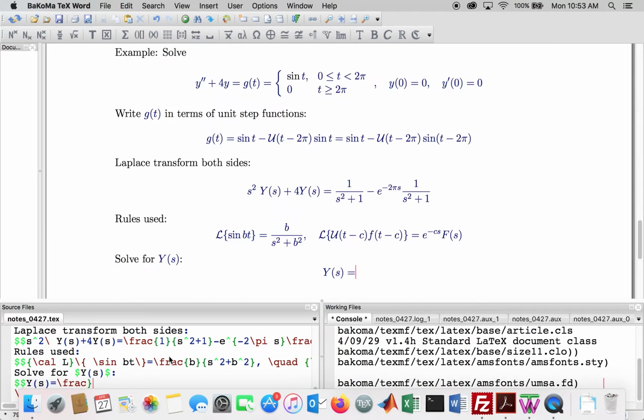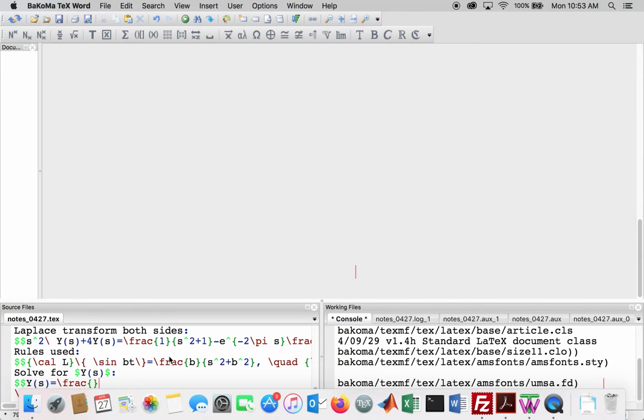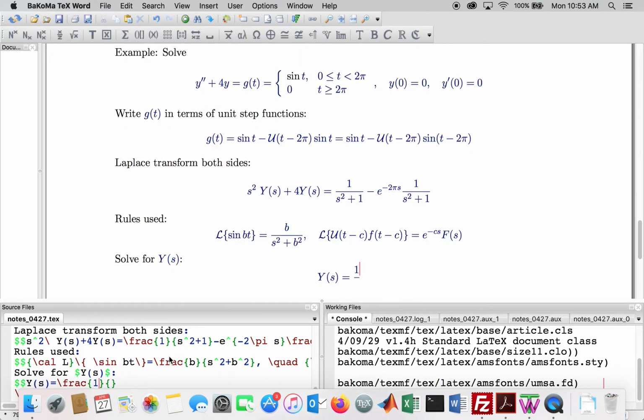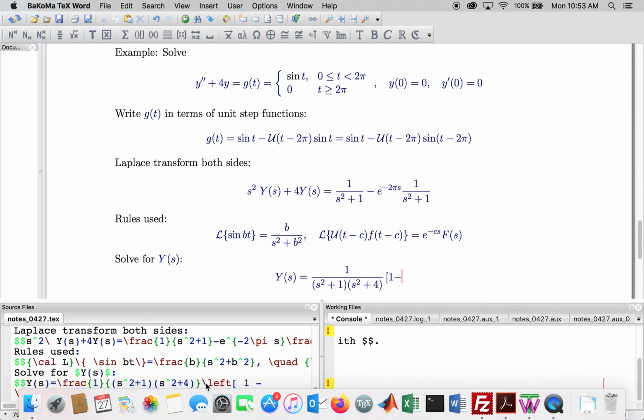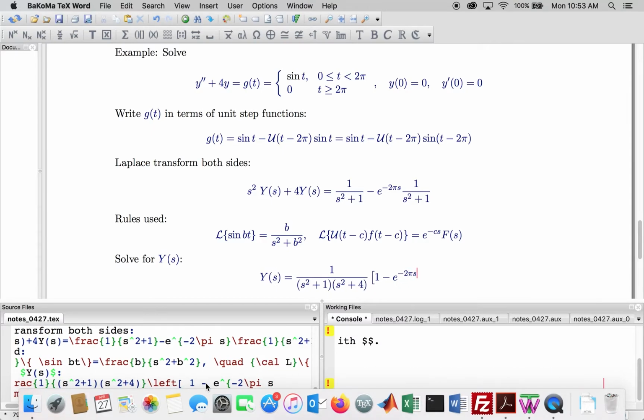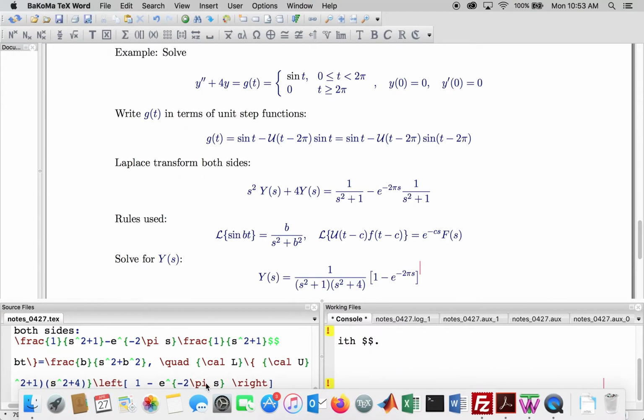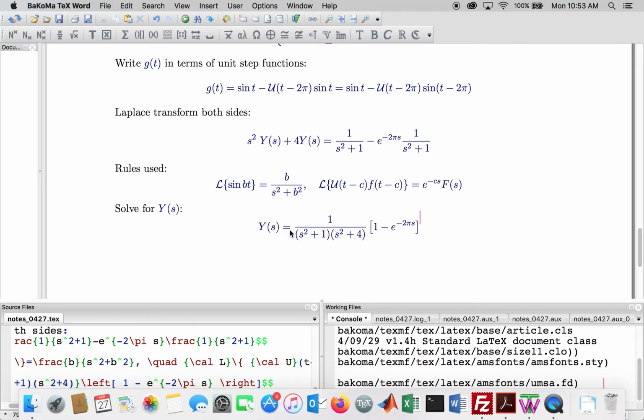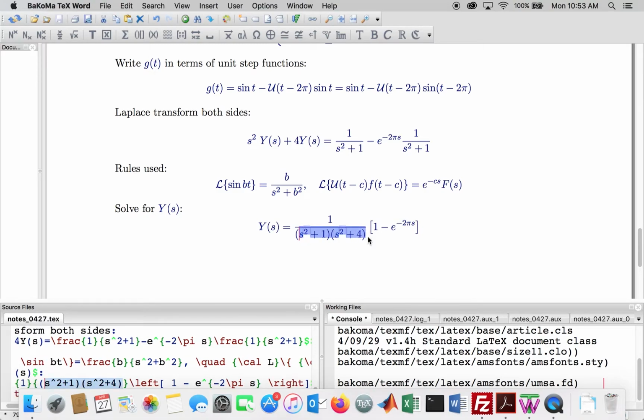So what I have is 1 over s squared plus 1, s squared plus 4, and then 1 minus e to the minus 2 pi s. Okay. So now, as far as partial fraction decomposition goes, I need to decompose this.